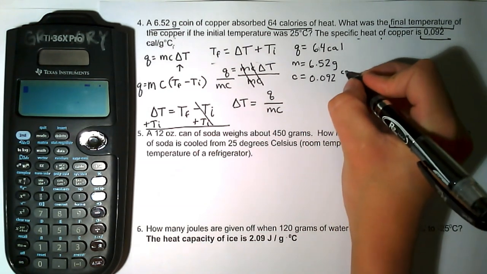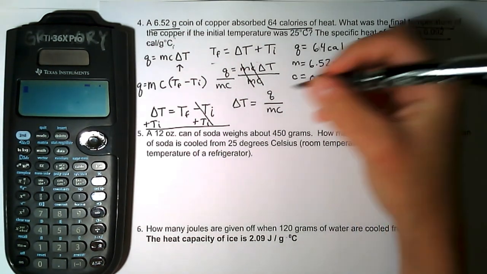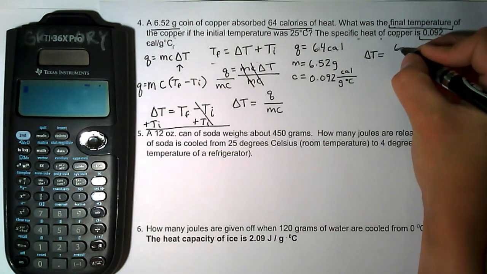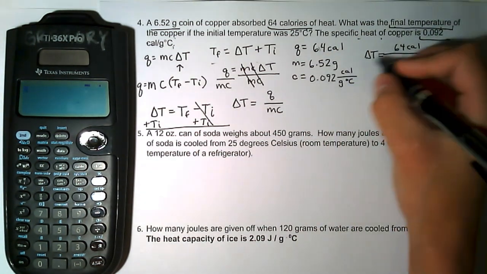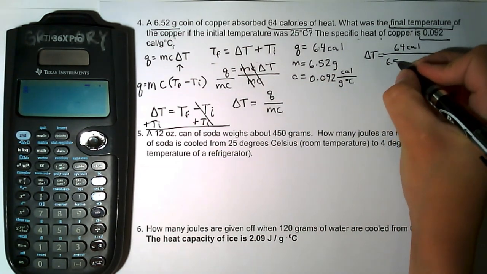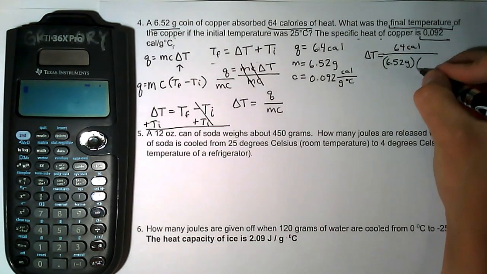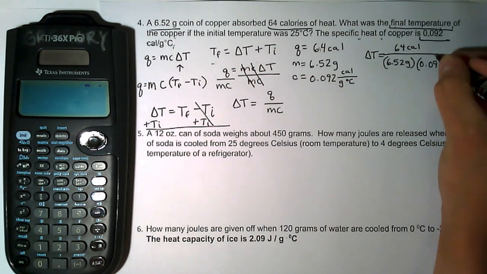So now I'm going to substitute this in. So we have delta T equals Q, so 64 calories, over M, so 6.52 grams, times C, so 0.092 calories per gram degrees Celsius.